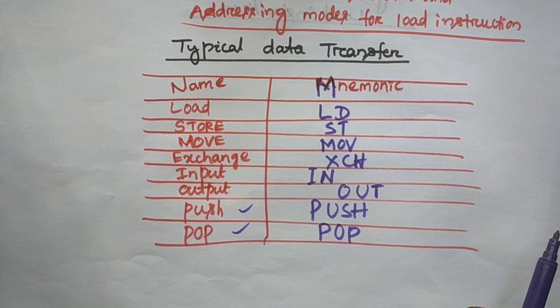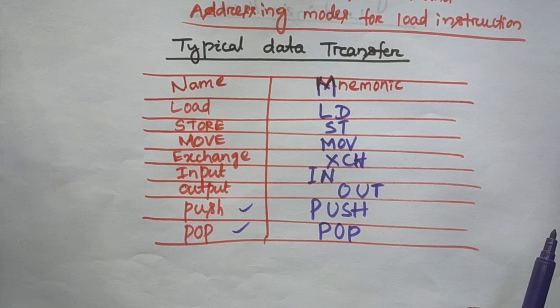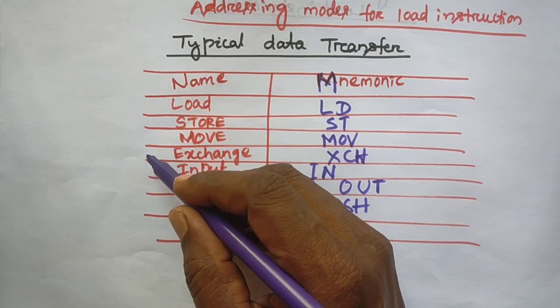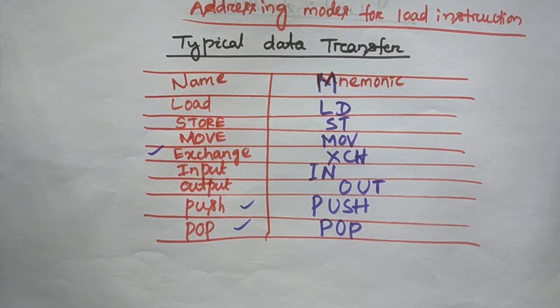Exchange instructions also transfer data; they swap information between two registers, or between a register and a memory word.